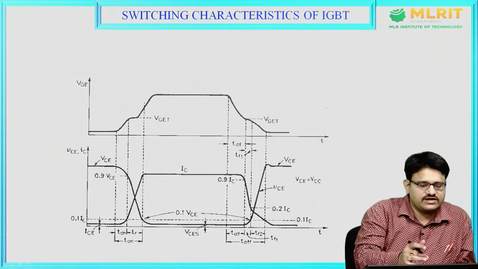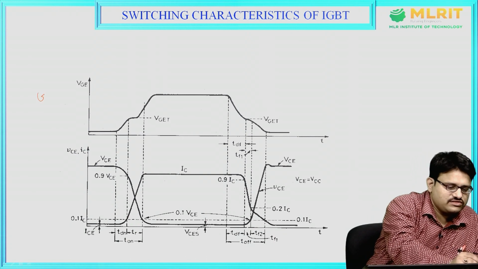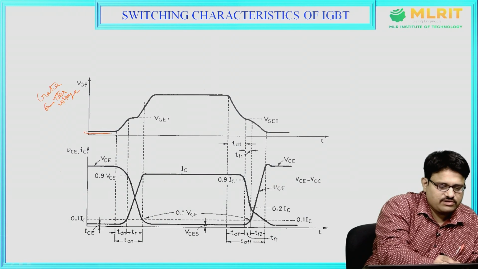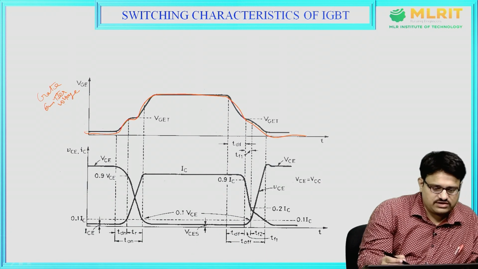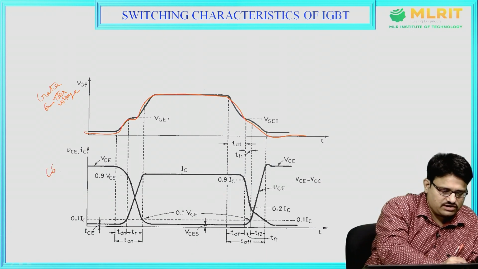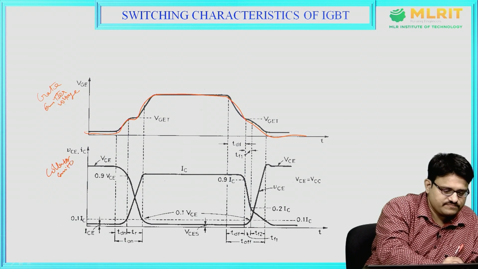These are the switching characteristics of IGBT. This is the gate emitter voltage. The gate emitter voltage is drawn like this, it comes like this, and this is the collector emitter voltage and collector current.